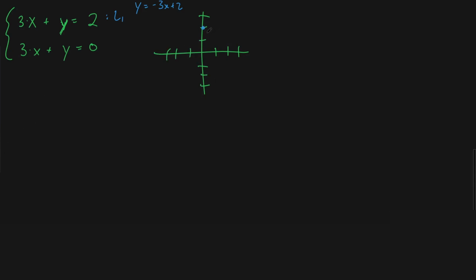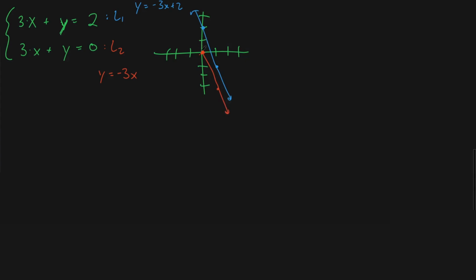So we start at 2, then we have a negative 3 slope. So we go down 1, 2, 3, and right 1. So we would have a line that looks like this. For our L2, if we do the same thing, we would have y is just negative 3x plus 0, right? So we would have a 0 intercept here, and then we do something similar. We go down 1, 2, 3, and right 1.